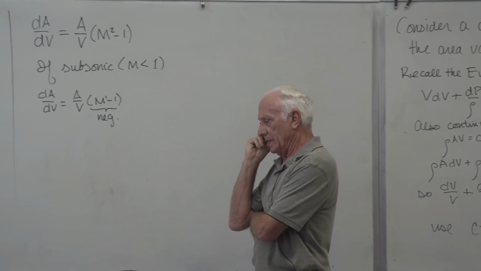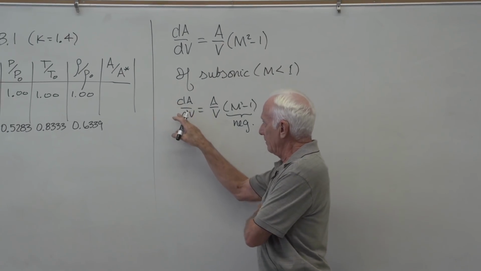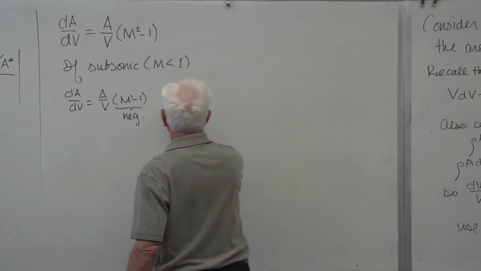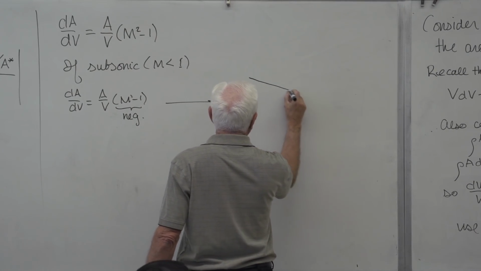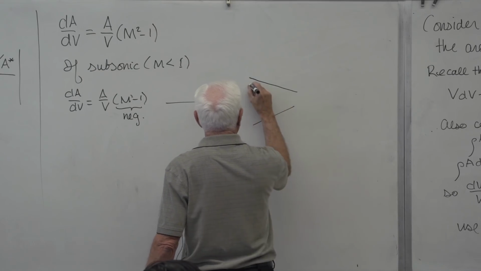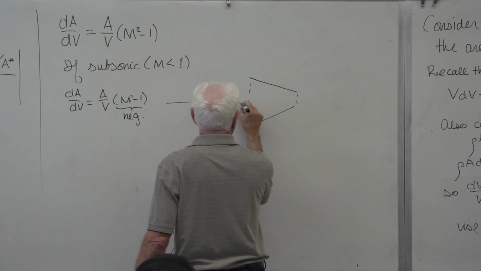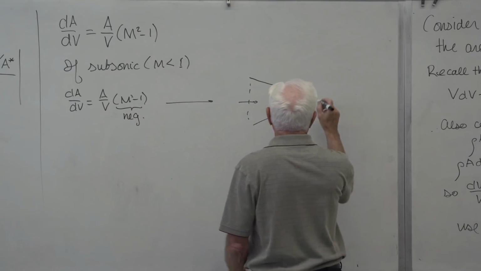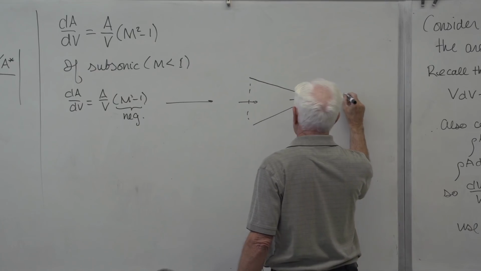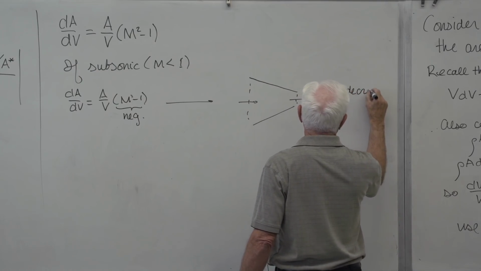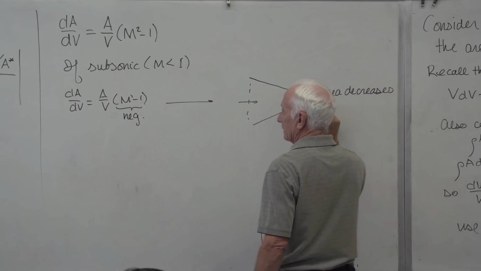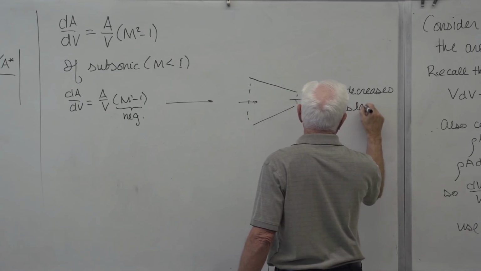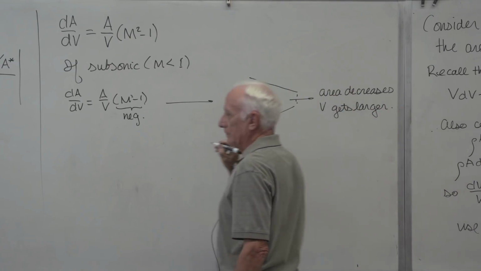What does negative mean? It means the change in area with respect to velocity is negative. So if I've got a situation like this, velocity here, if the area gets smaller, the velocity gets larger.